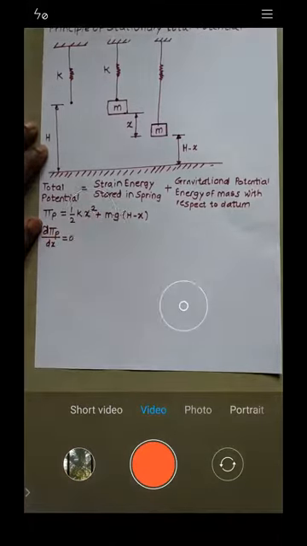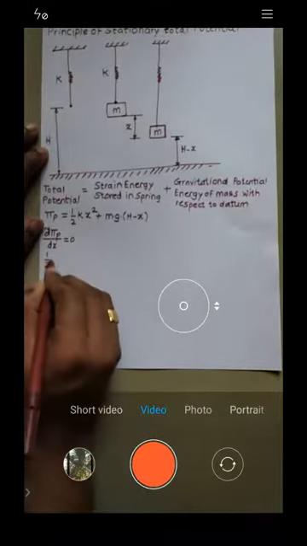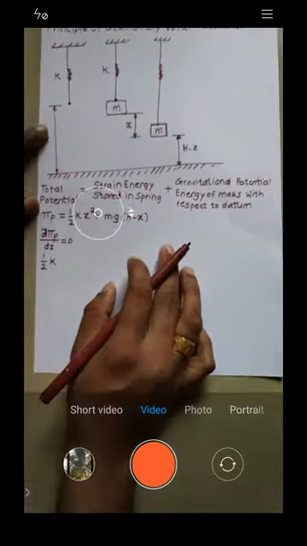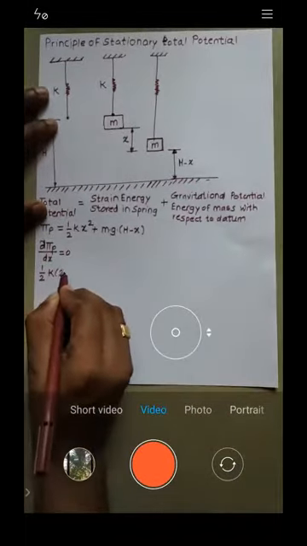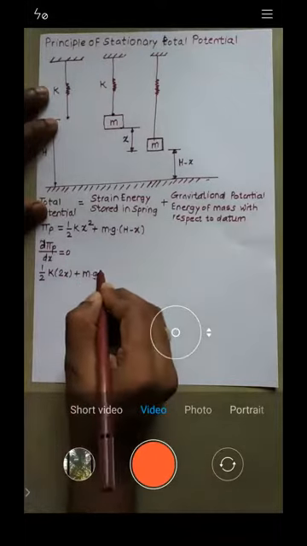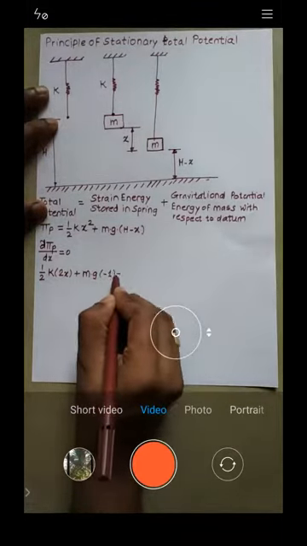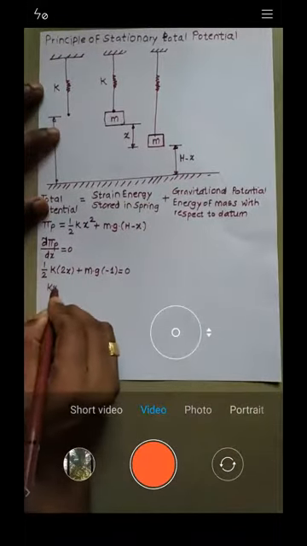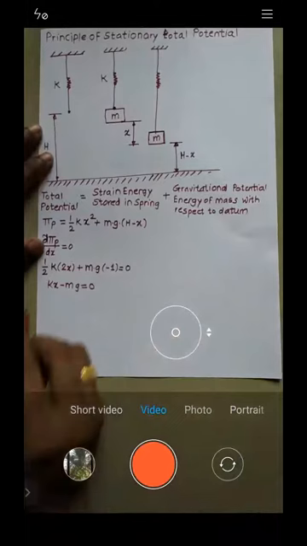It is half into k as it is, and the differentiation of x square is 2x. Plus m into g as it is, into the differentiation of h minus x, which is minus 1. So it is equal to 0. This 2 gets cancelled, and what remains is k x minus m g is equal to 0.